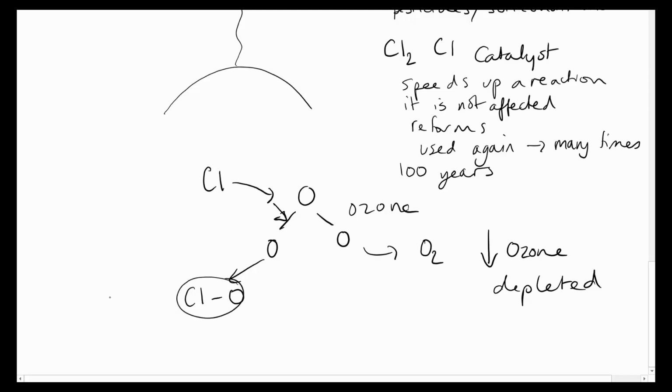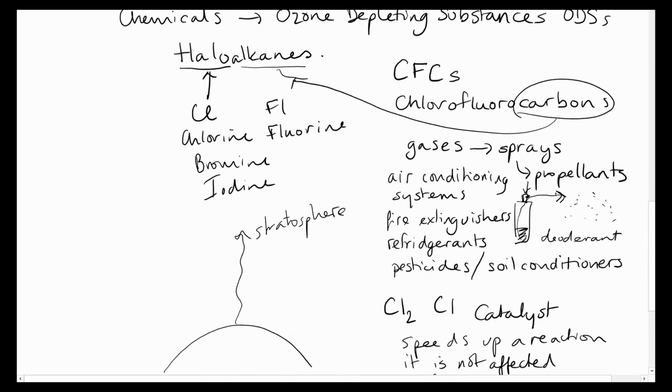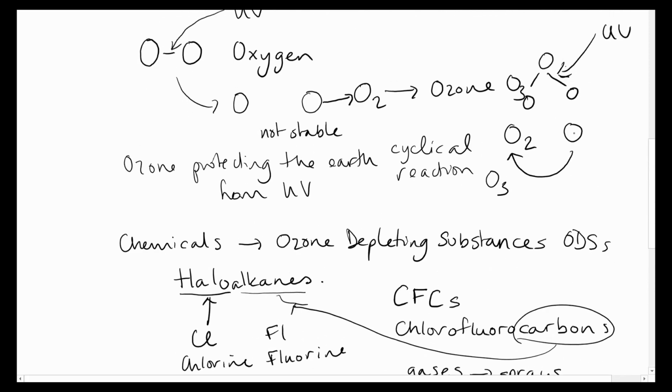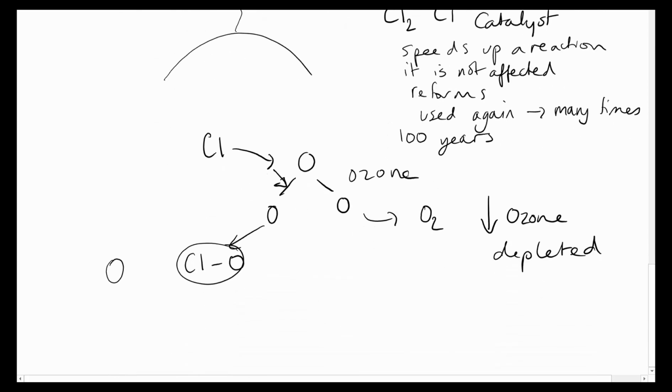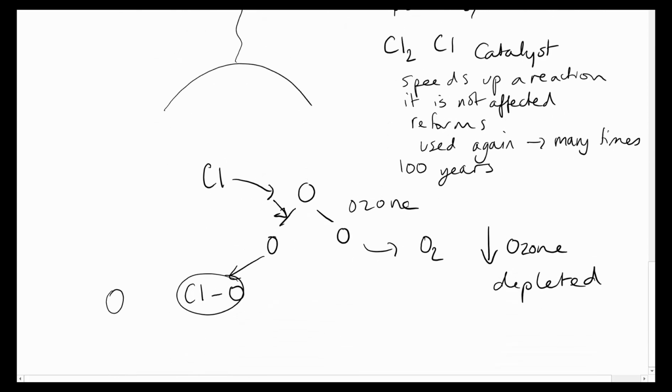So what happens is that there are oxygen atoms floating around in the atmosphere. As we know from this reaction up here that we looked at, there's a constant movement between oxygen atoms and ozone. So we've got oxygen atoms in the atmosphere, and that will react with this one to reform the chlorine and to form oxygen again.